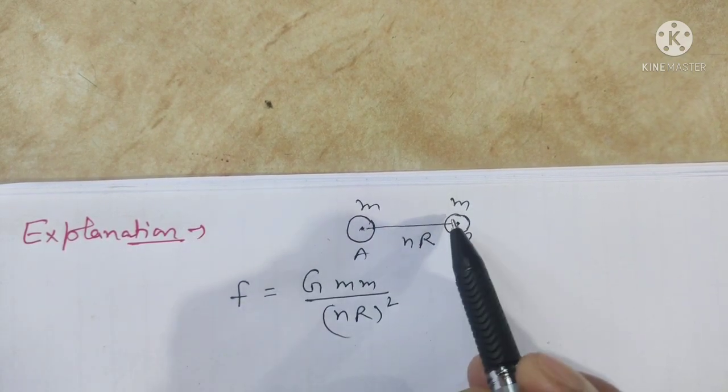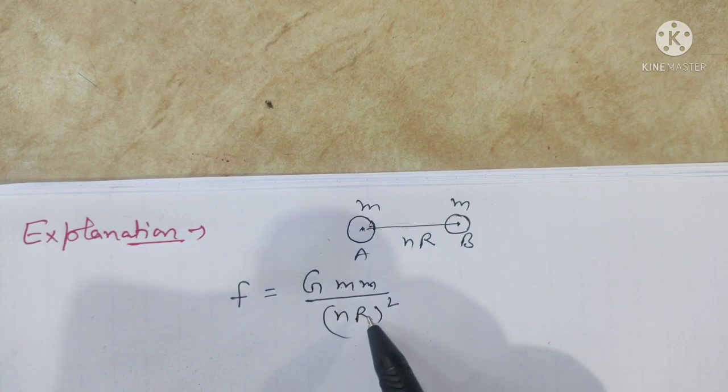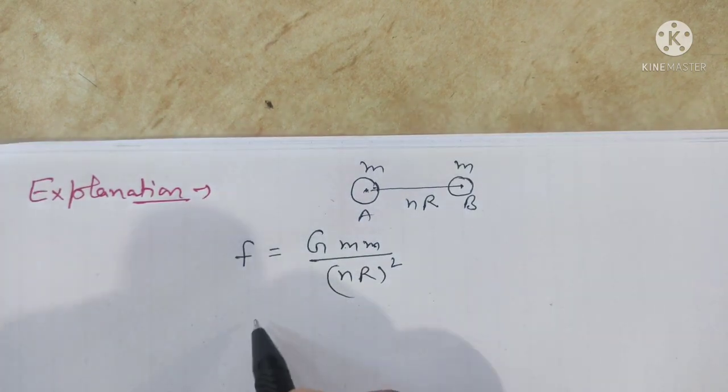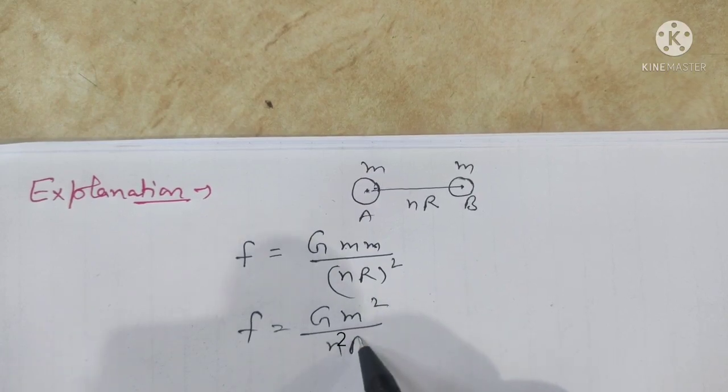We know that the gravitational force between the two bodies is directly proportional to the product of their masses and inversely proportional to the square of the distance between them. Then this is equal to G m square over n square r square.